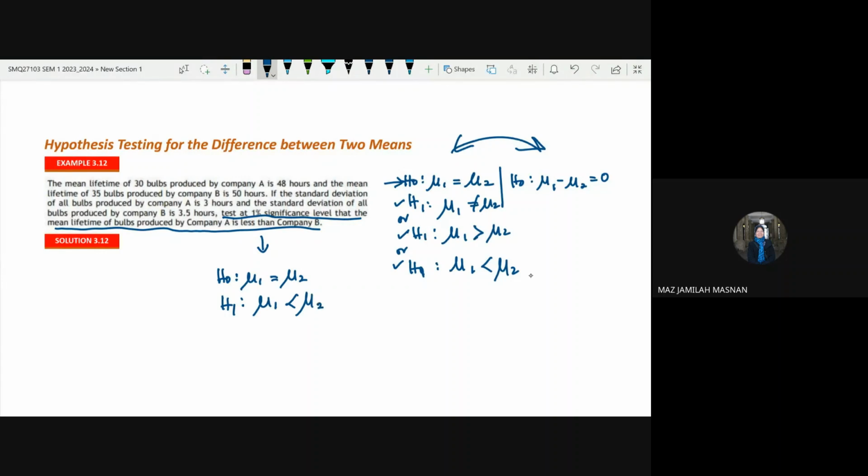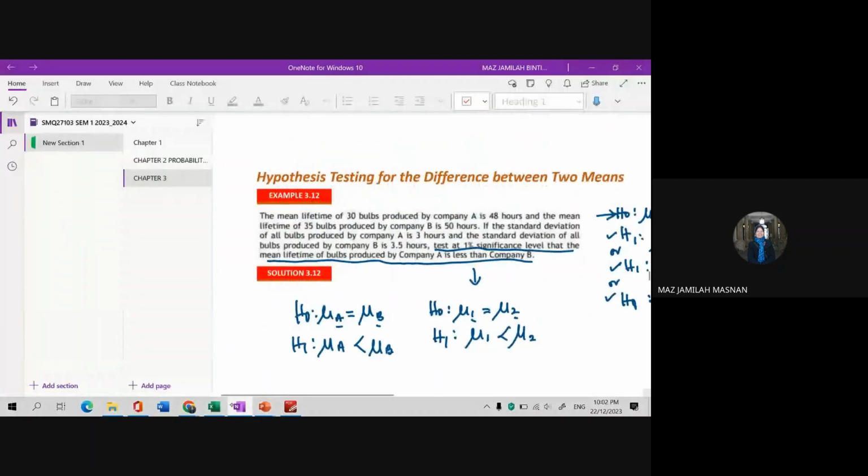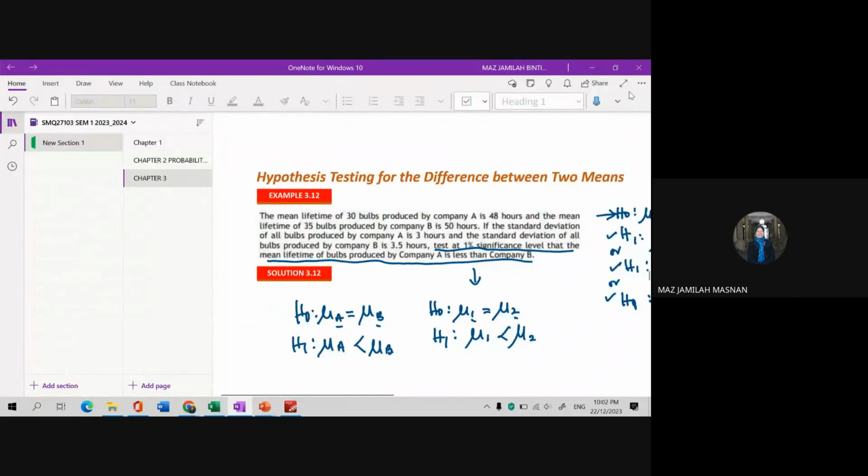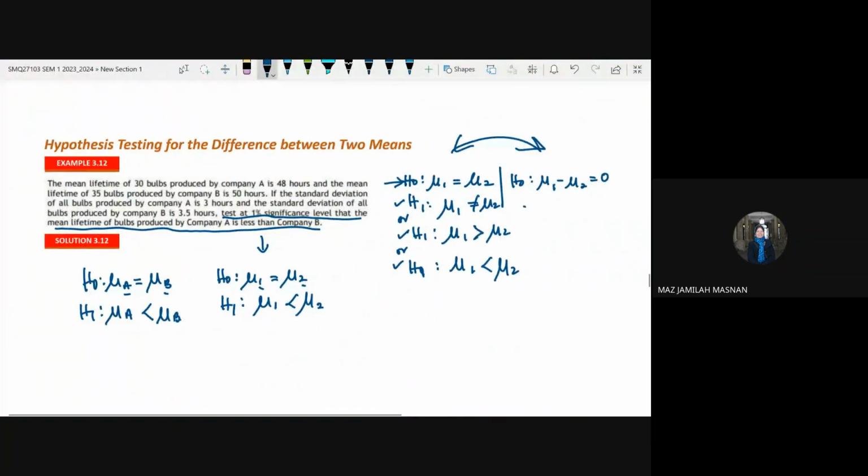Or you can say the null is mu A equal to mu B and the alternative is mu A less than mu B, as long as you know what this particular value refers to. That's why, if we go back to the Excel, I wrote it this way: mu1 minus mu2 equal to 0, or mu1 minus mu2 less than 0. It's just the same as writing it using this particular sign.